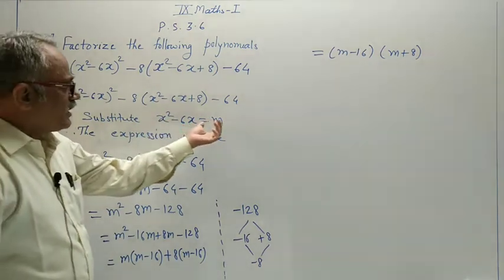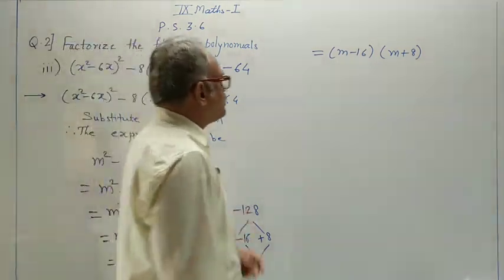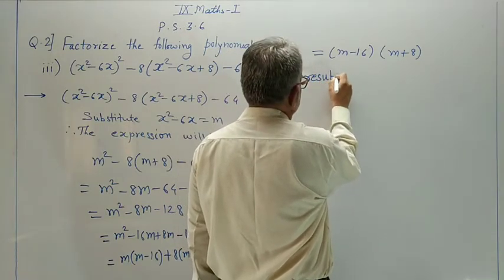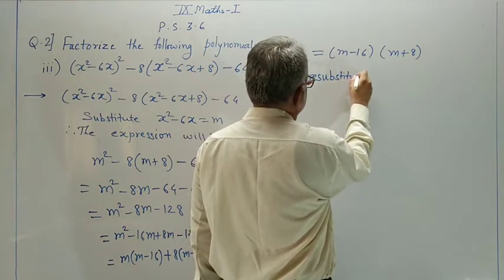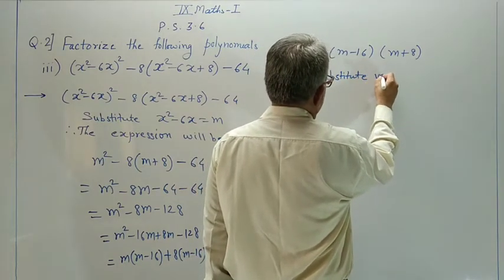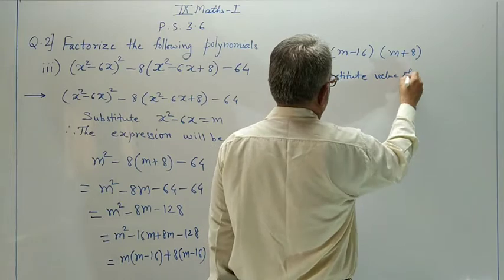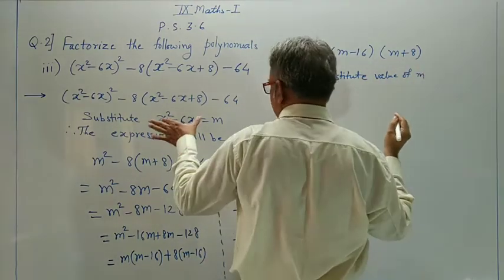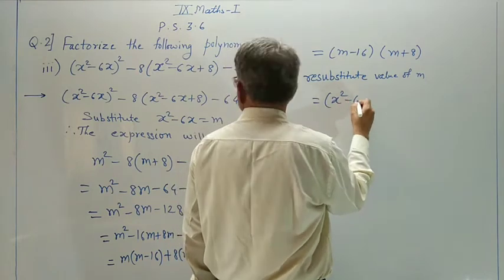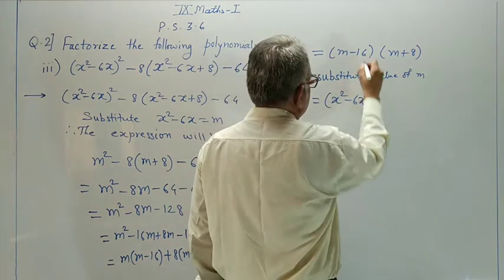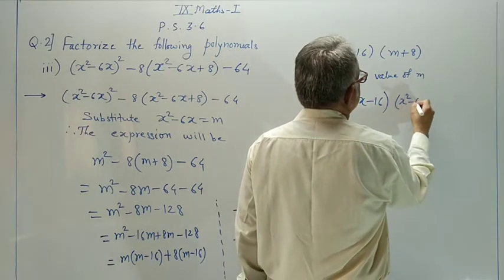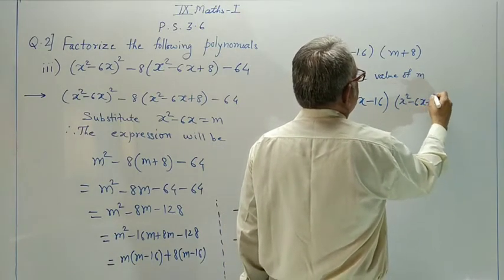To remove that m, resubstitute the value of m. What is m? x² − 6x. So (x² − 6x − 16)(x² − 6x + 8).